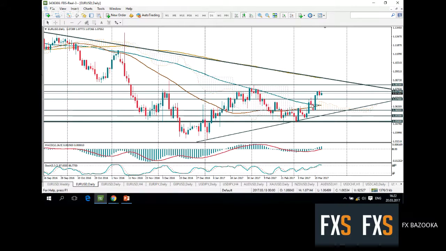We are watching CFTC data. We can see that the short positions on the euro are declining, but still it is too early to call this a big change in trend for the single currency.